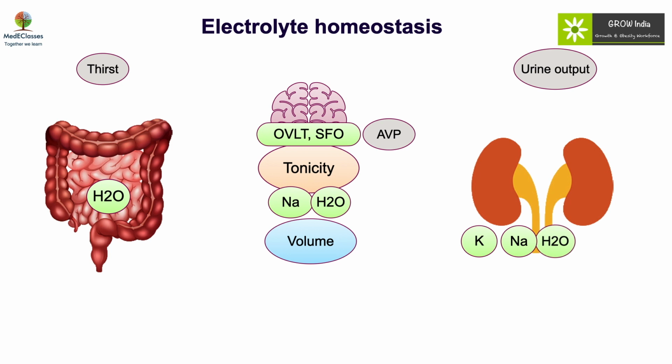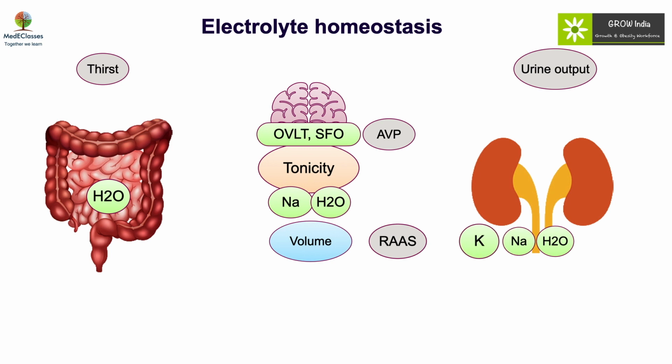Now, the other major regulator of the body is the sodium and volume regulation, which is done via the renin-angiotensin-aldosterone system, which basically controls mainly the sodium level. So if the RAS axis goes up, the sodium excretion goes down and the potassium loss becomes more. So the renin-angiotensin system will cause hypernatremia with hypokalemia.